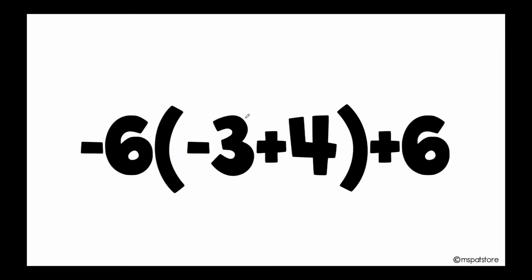So let's take a look at this example first. Remember that in order for you to evaluate this expression, you need to follow the order of operation, which is GEMDAS. That's what we're going to use, okay?